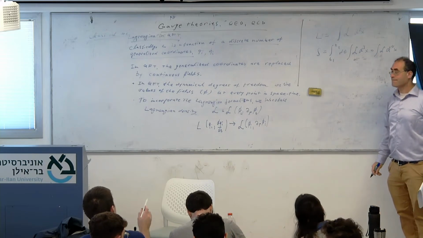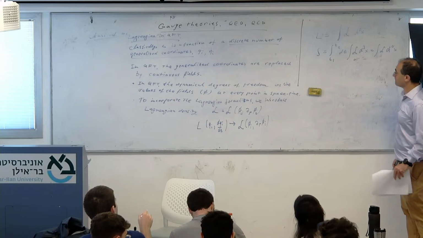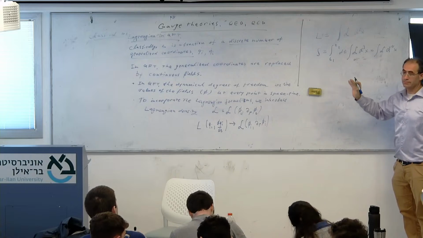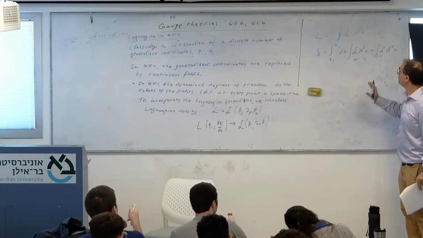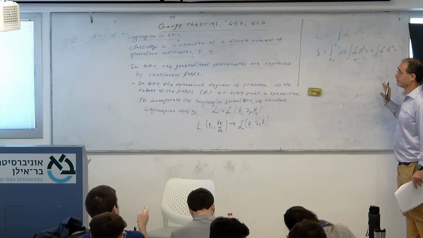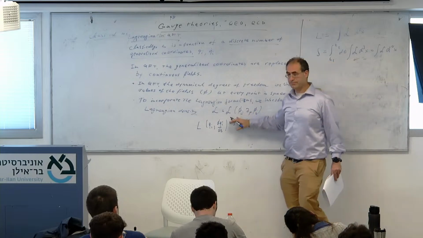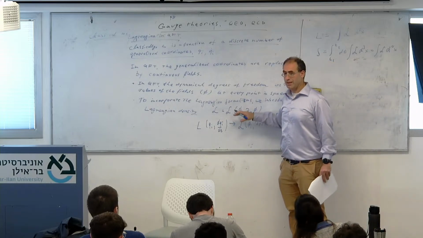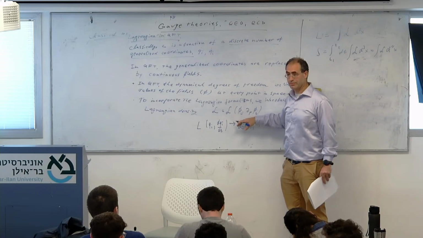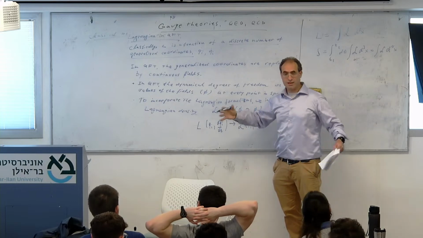Wait, you say d3x, isn't it d3q? Space, the entire space, it doesn't matter. So what is x? What is q and what is phi? What is the relation between phi and x? Okay. Phi is a field. L really depends on the values of the fields in every location. The fields depend on space-time.